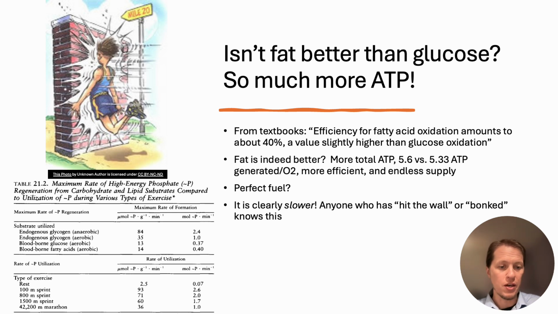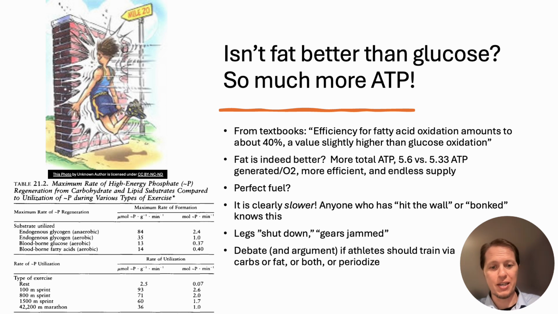When you are running a marathon, you're going at 36, which is exactly how much your body can regenerate when you are maxing out through glycolysis right there, through aerobic. Whereas if you compare that to fat, way down here at 14, you're just going to go slower. If anyone has ever bonked, they know what this feels like, right? Your quads just lock up on you, the gears jam.